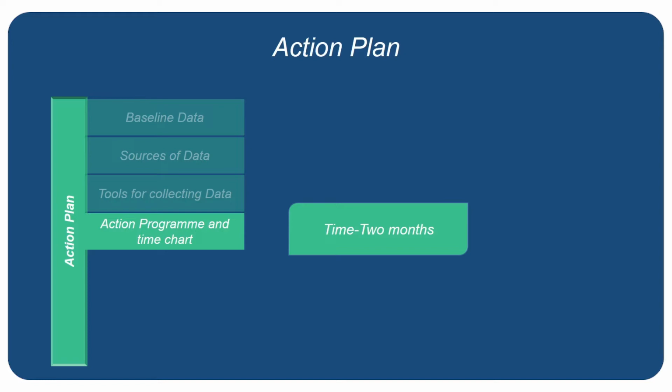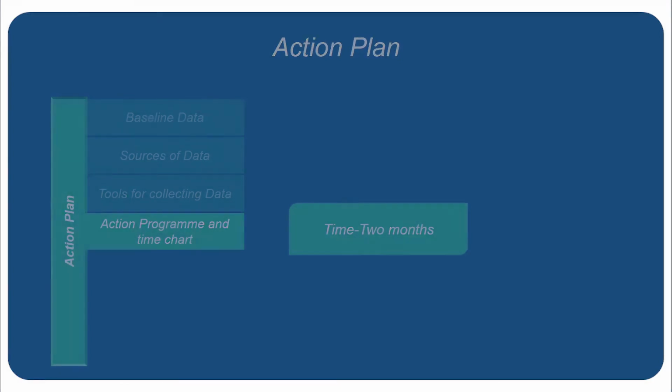If we implement our action program for 2 months, maybe we will be able to affect the irregular attendance of the class. This can be considered as an action program in relation to the time chart.